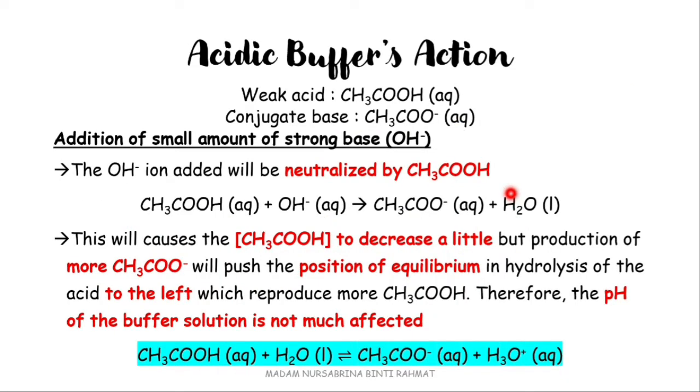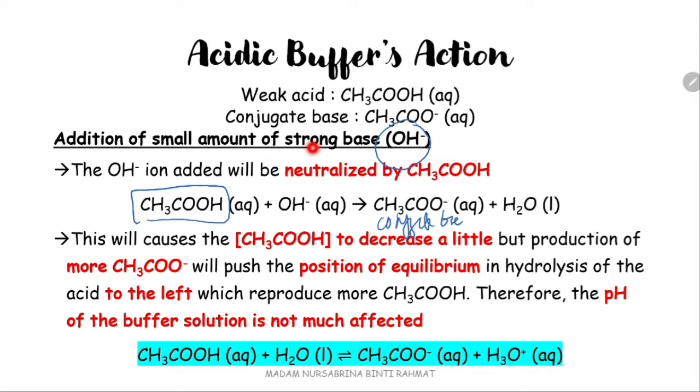Whereas if you add a strong base, OH negative, the strong base OH negative will definitely be neutralized by an acid, and in our buffer, we have this ethanoic acid. So this ethanoic acid will react with the hydroxide ion added from the strong base to form our conjugate base plus water.